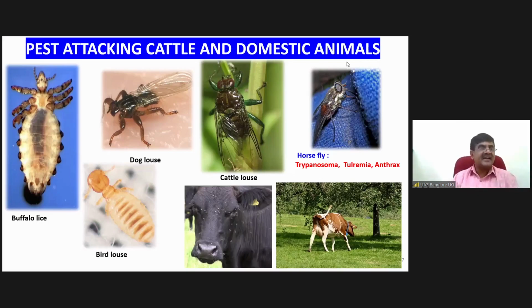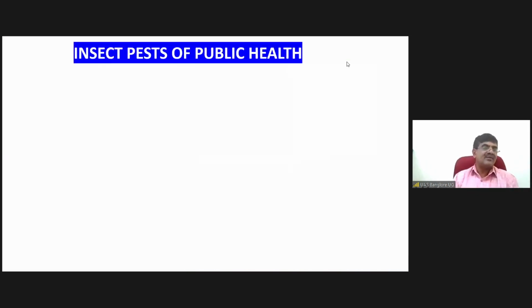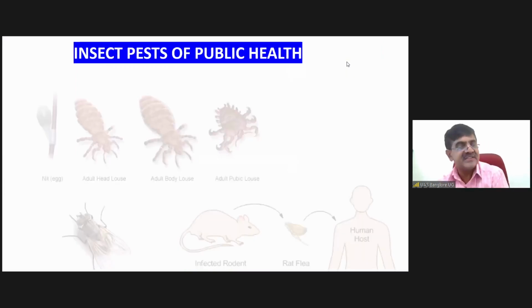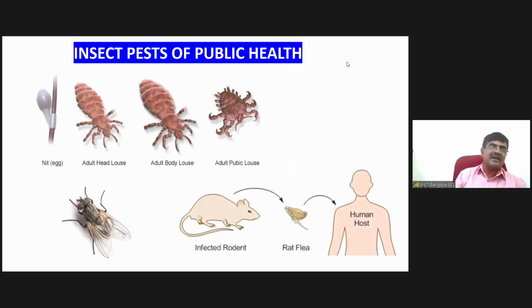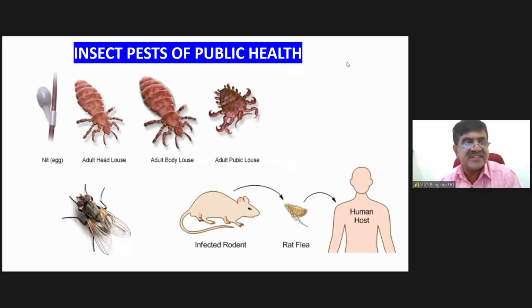Next, there are some insects of public health importance. For example, some of you might have experienced this problem: head louse, body louse, or pubic louse.